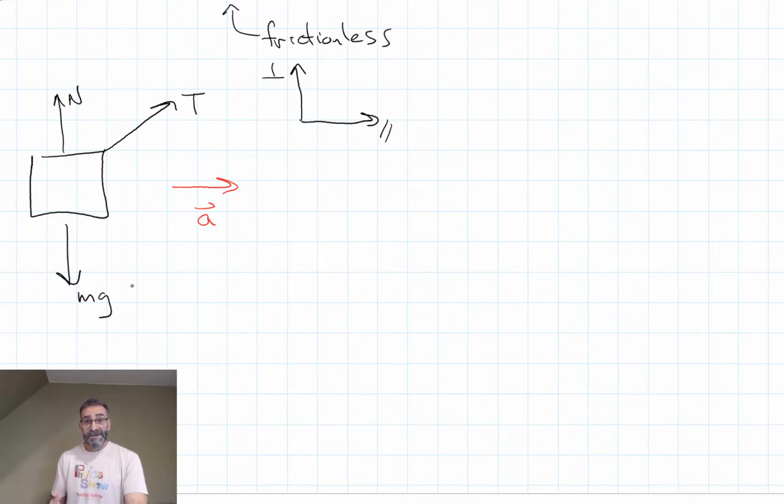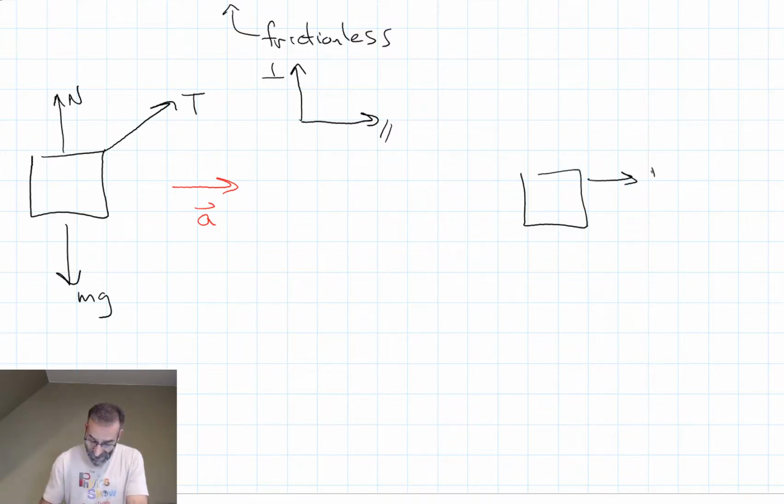Why do I always do that? Because the parallel direction has all of the acceleration in that direction. That means the perpendicular direction has an acceleration of 0. And it's much easier to solve when I have one equation that equals 0 than if I have two equations with neither one equal to 0.